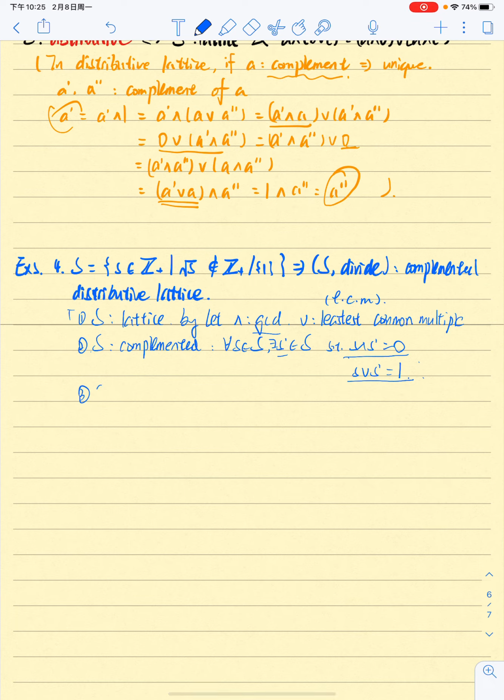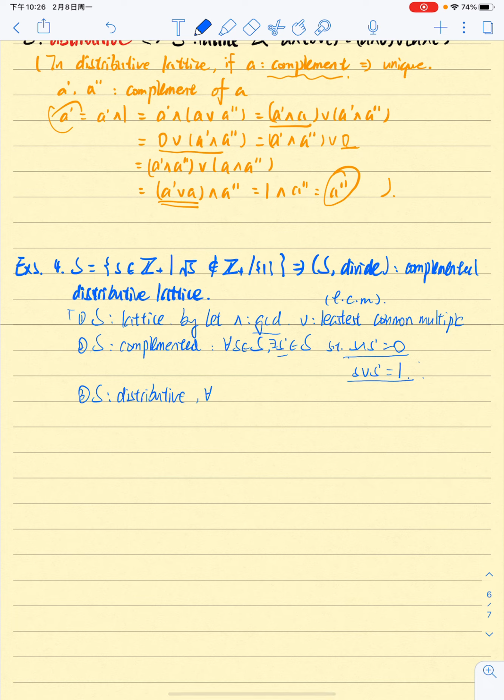And the third one, we should prove S is distributive. That is, the distributive law is true. Okay, let's see.